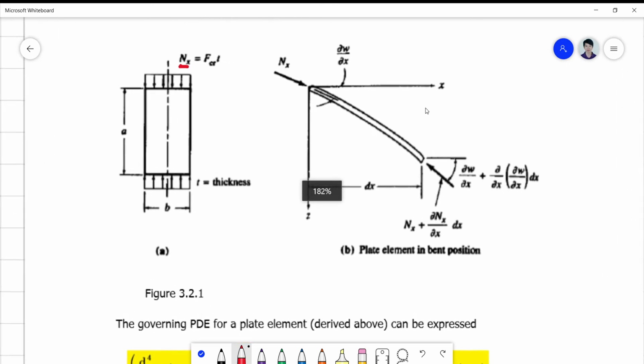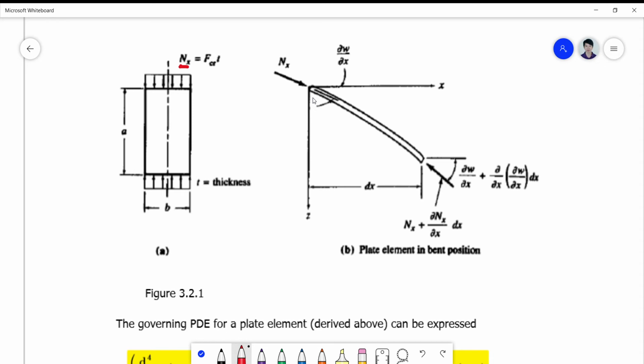So if we now consider the plate to have buckled considerably, as shown here in the figure, just to magnify the angle upon which the curvature is based.